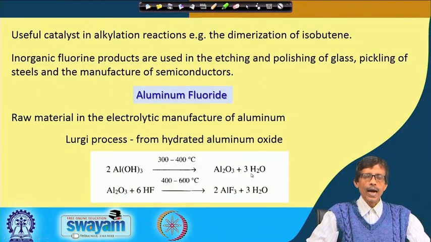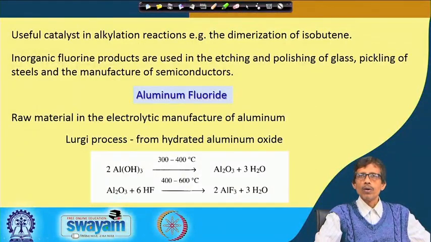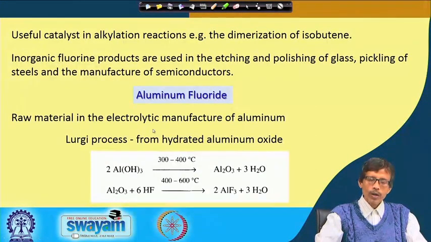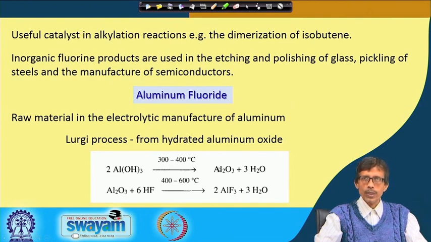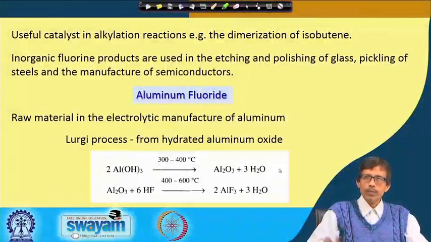So, if we take that hydrated aluminum oxide from any other source, there is no need to think of your level of hydration, whether it is a monohydrate or a dihydrate or a trihydrate. What you do is take it and heat it to 300 to 400 degrees centigrade, and up to that point all the moisture will be removed. Then whatever amount of hydrated alumina you have will be converted to pure, water-free Al2O3, with 3 water being removed from there.